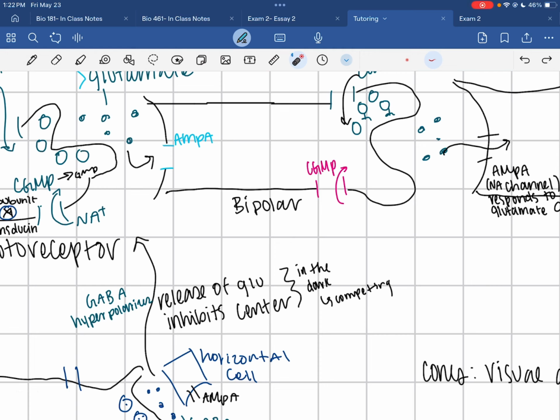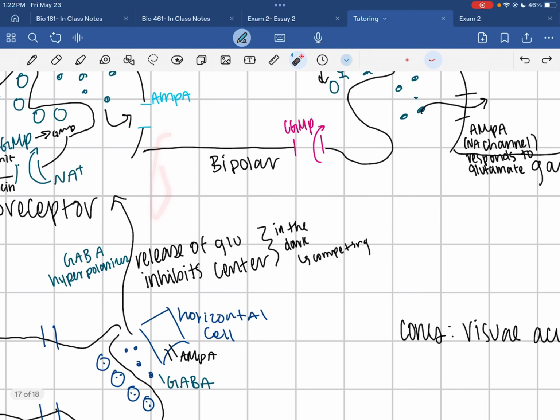So when it depolarizes, the opposite of this cell releases the neurotransmitter GABA onto the terminal end of the center of the photoreceptor, and then that acts to inhibit the release of glutamate from the photoreceptor.